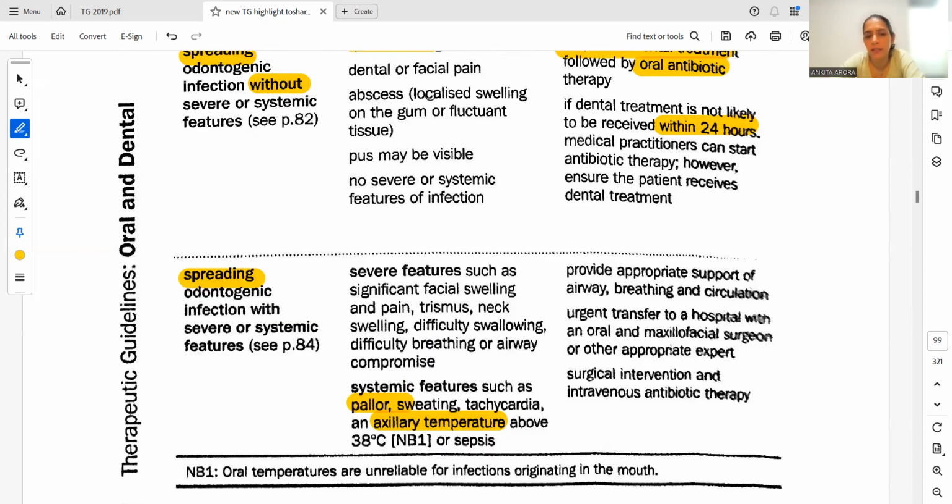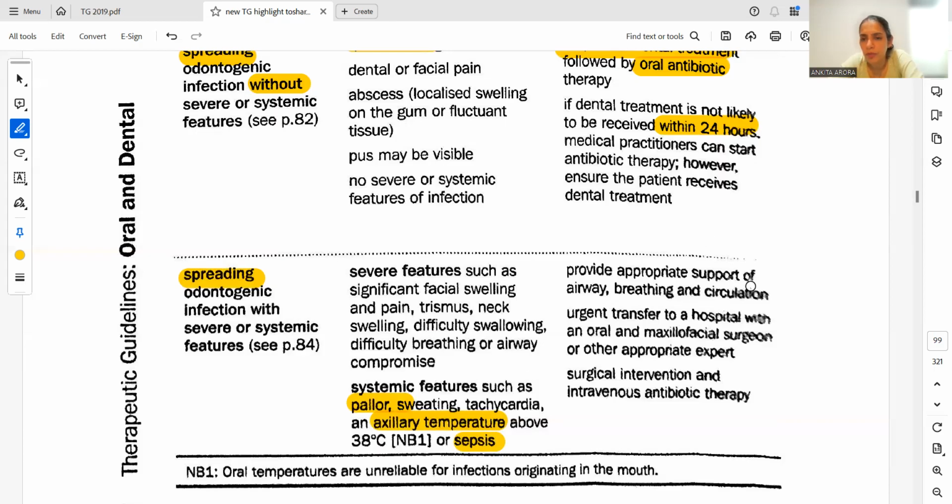By checking the temperature. The signs to check for systemic involvement are pallor, sweating, tachycardia. If they visibly happen and are very well evident, then fine. Otherwise, we would have to note the temperature.